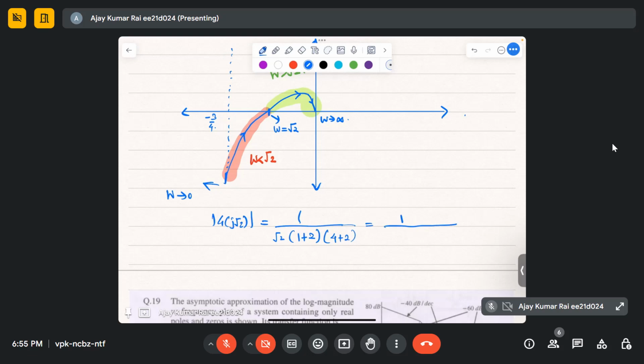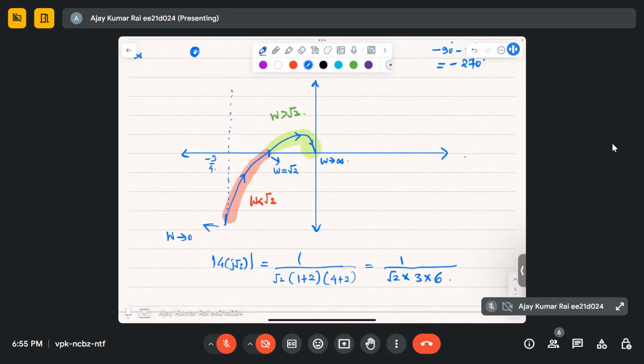So what is this value? Root 2 into 3 into 6. Whatever this value is, that will be here. I'm writing g of j root 2.